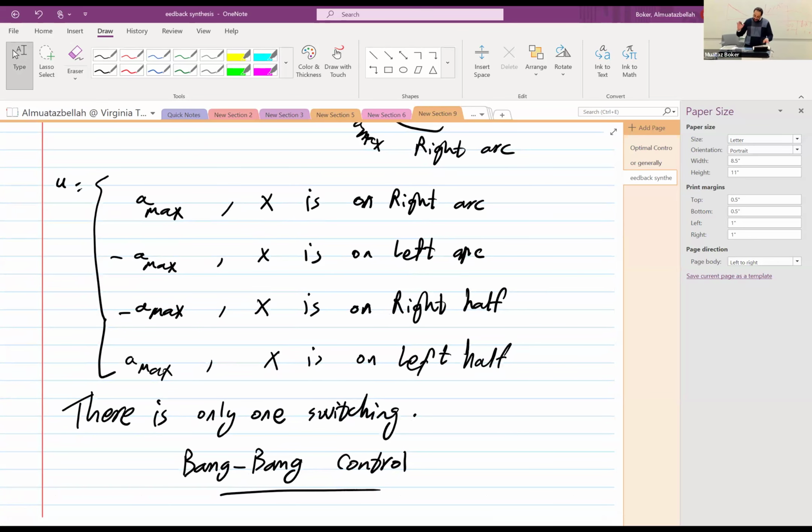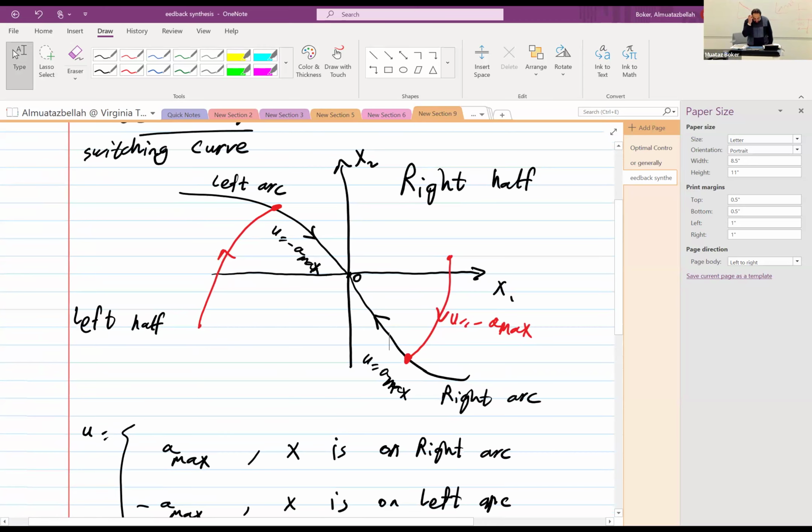But for now, switching happens according to P, and the switching also happens if you look at x1 and x2, according to this right half, left half, right arc, left arc. I'll get back to you regarding the optimal point. But yes, h has to be equal to 0. Now, 0 and 0 is related to h equal to 0. This is something I need to double check.